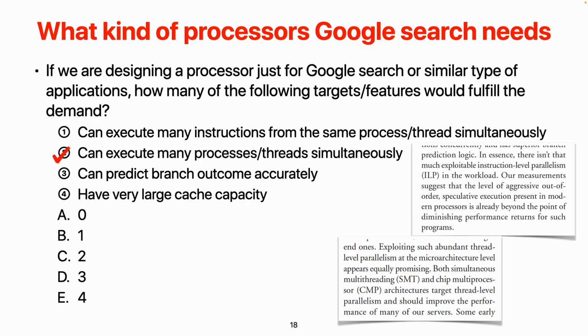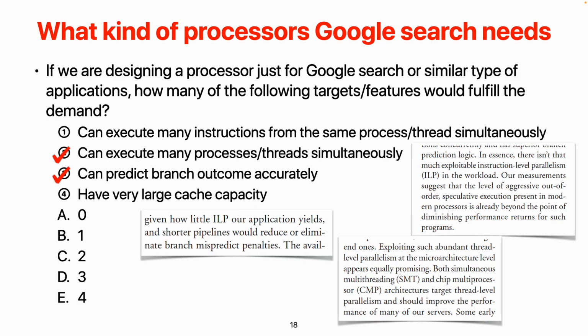But how about branch? We need a processor with lower misprediction penalties or lower misprediction rate. Branch matters, right? I see a lot of you shaking your heads.